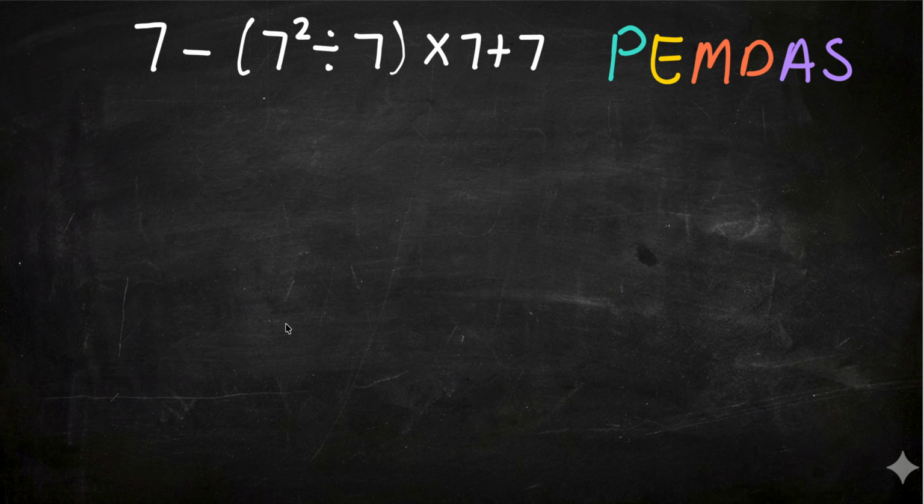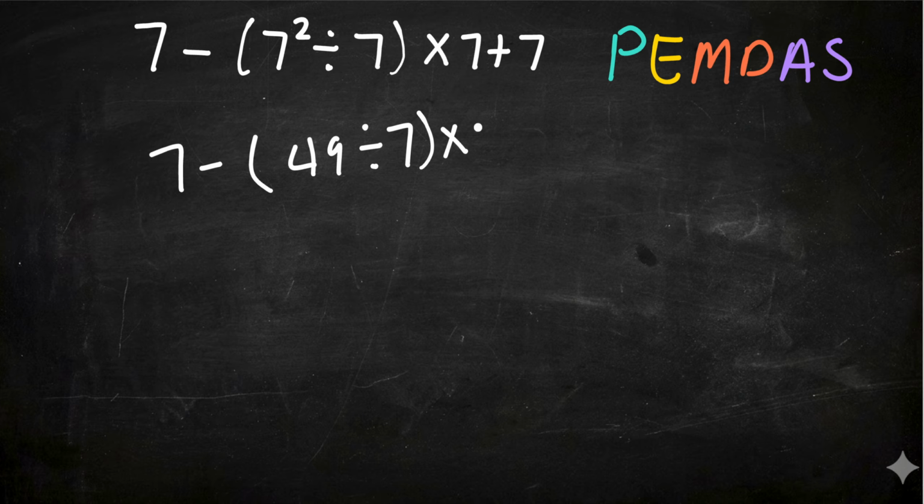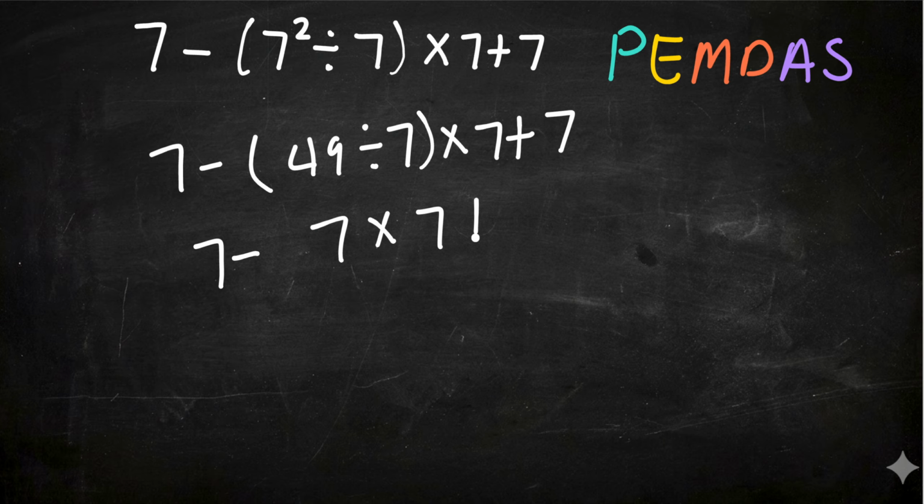Now let's do this problem the right way. So we're going to go inside the parentheses first, since that's the thing with the highest order. And inside the parentheses, we're going to do the exponent first because that's the thing with the next rank. And then after, we're going to do division and we're going to get 7. And now we're going to do what's the highest, multiplication and division.